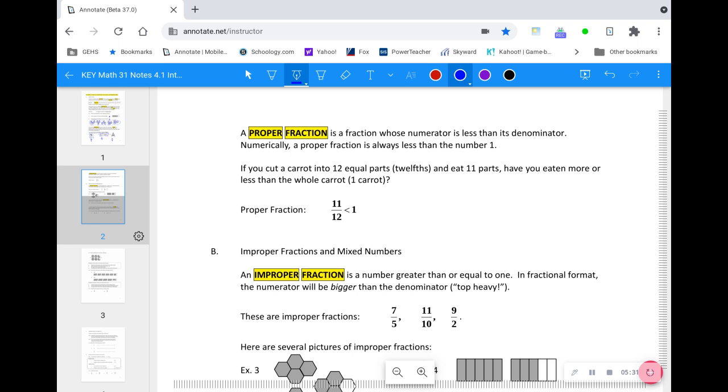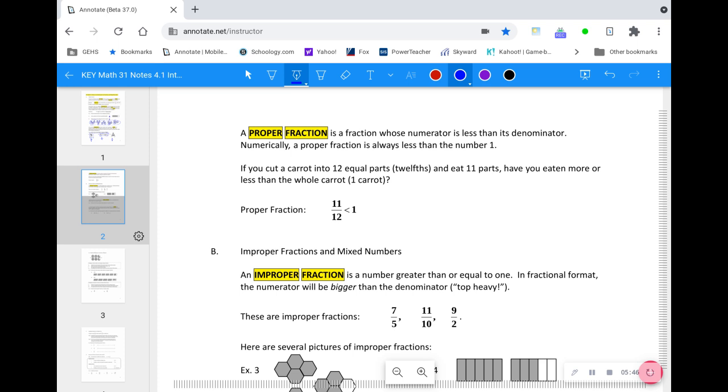Okay, the next thing I'm going to cover is the difference between a proper fraction and an improper fraction. A proper fraction is less than the total original amount.